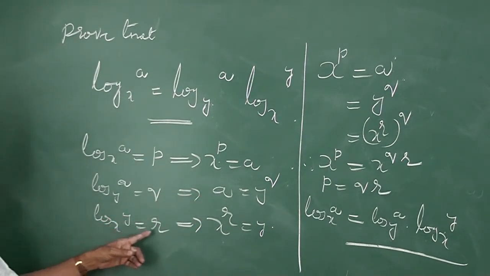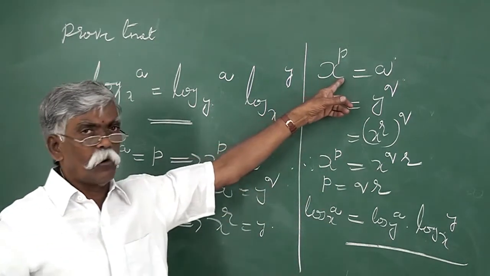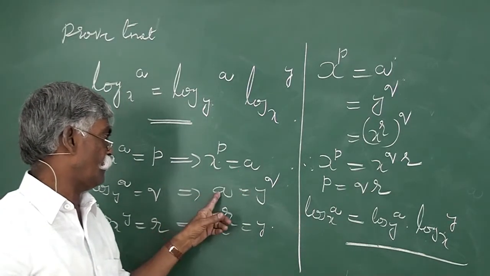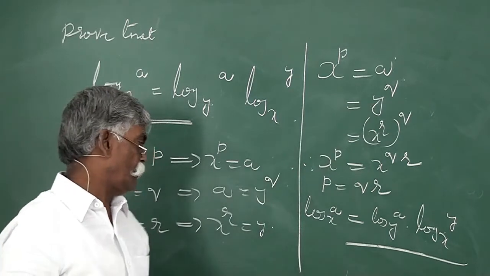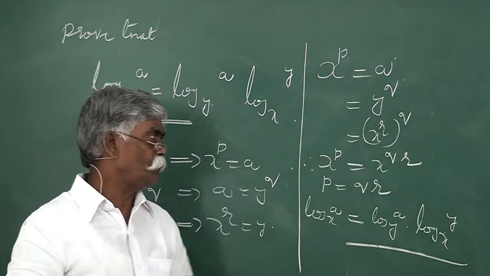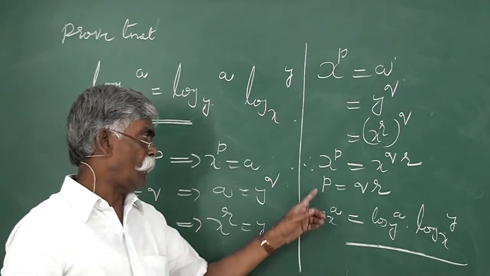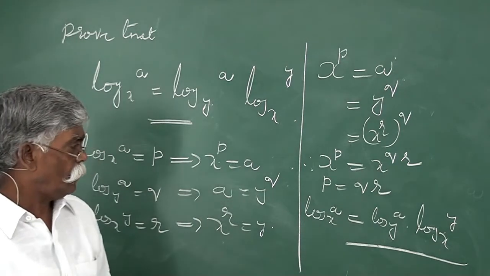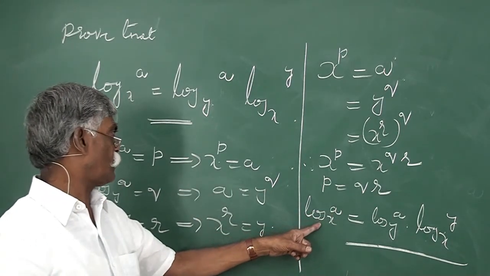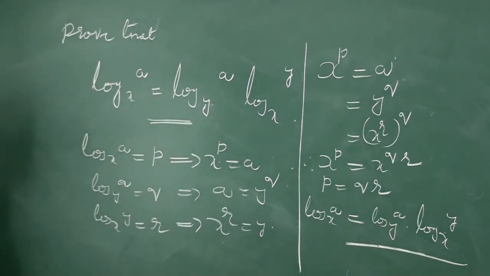Log y to the base x is r, that is x power r equal to y. Therefore x power p equal to a. The value of a is y power q, and the value of y is x power r, hence x power r whole power q. Therefore x power p is x power qr, and hence p is equal to qr. Now write the values of p, q, r. Log a base x is equal to log a base y into log y base x.